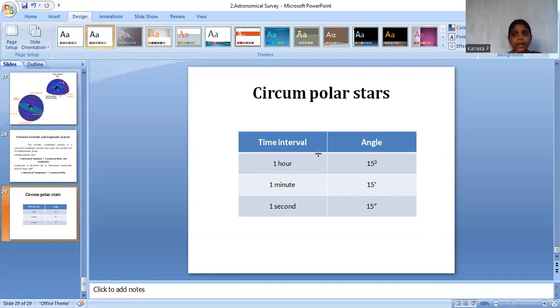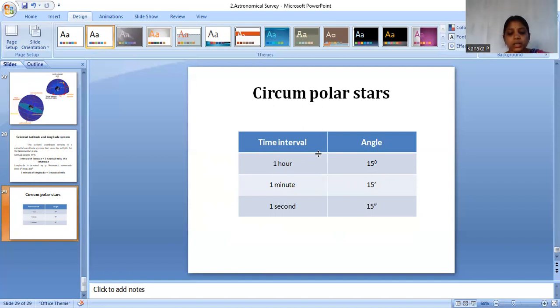Next one is the coordinate system. A heavenly body can be located by two spherical coordinates. The first is angular distance measurement, measured along the arcs of great circles which cut each other at right angles. Second, one of the great circles passing through the heavenly body is called the primary circle of reference.